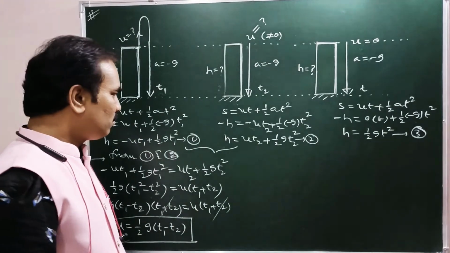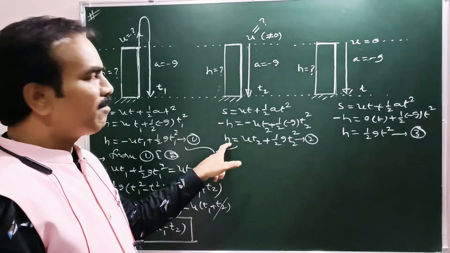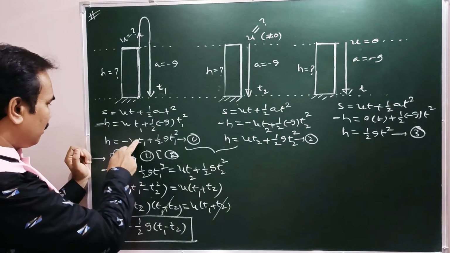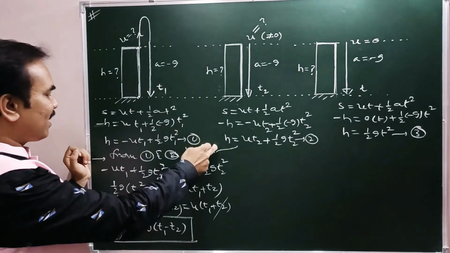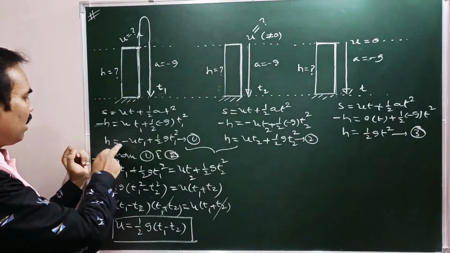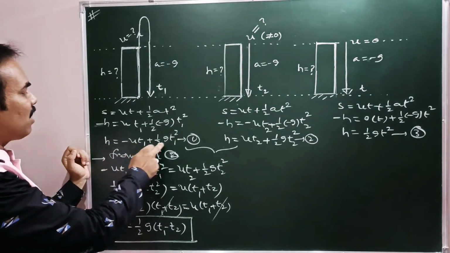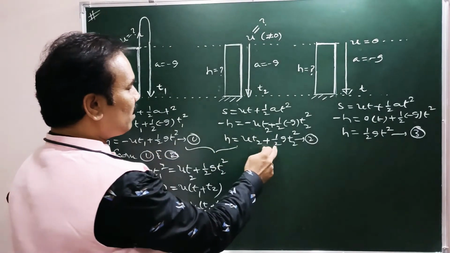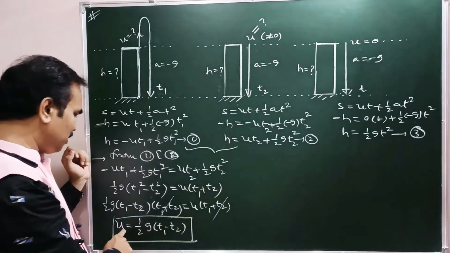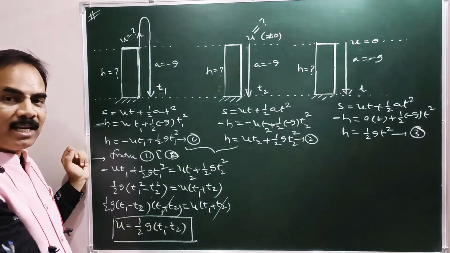Right? Now coming to the height of the tower. How to find the height of the tower? Eliminate the term u in first and second by writing u as half g into t1 minus t2. See here we have h equal to minus ut1 plus half g t1 square. Here also h equal to ut2 plus half g t2 square. So either from 1 or 2 replace u by half g into t1 minus t2.